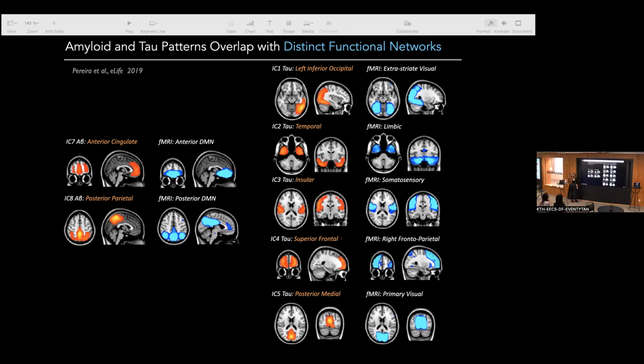Whereas when it comes to tau, it seemed to be less selective. The tau patterns seem to overlap with a wider range of resting state networks that included the limbic network, somatosensory, or, for example, the right frontoparietal network. So it seemed that tau overlapped with networks that were a little bit more distributed.